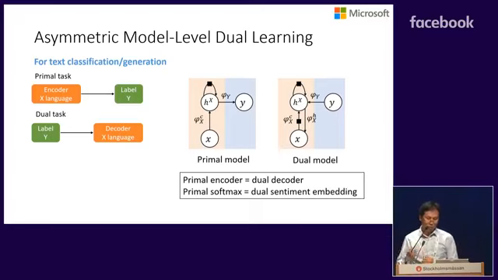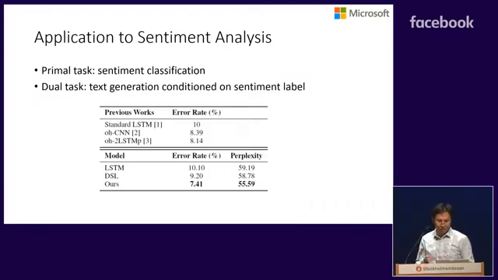For the dual model, it's in reverse order. We first map the category into some sentiment embedding, that means we embed the label into some vector, and then we use an LSTM to decode and generate the text sequence.